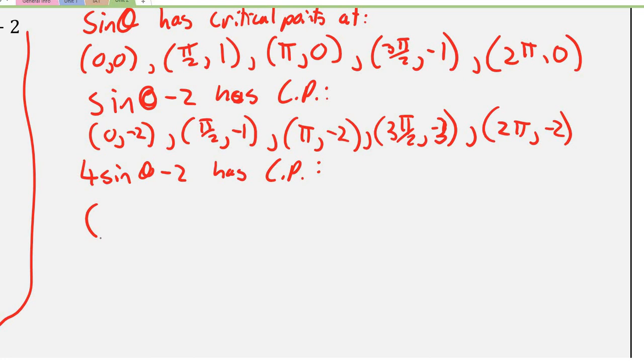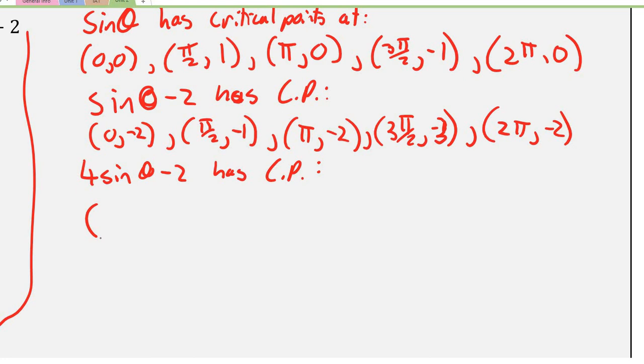Well, is the midpoint going to change based on the amplitude? So all those -2s are going to stay the same. What's going to happen to my peaks, though? Instead of being at -1, where are they going to be? They're going to be further up, that's right. How far? 4 up. So instead of starting at median point -2 and going up 1 to -1, they're going to go up 4 to +2.